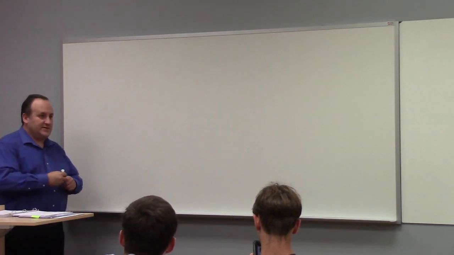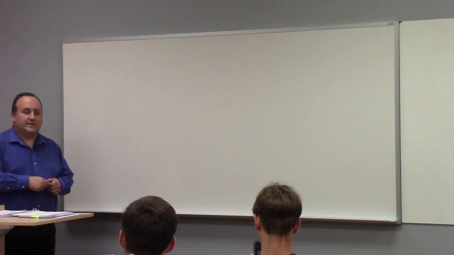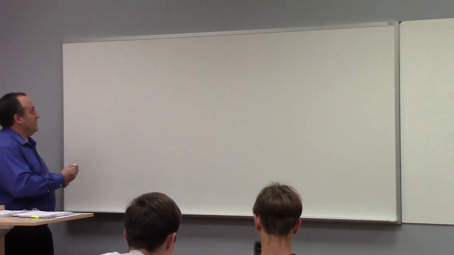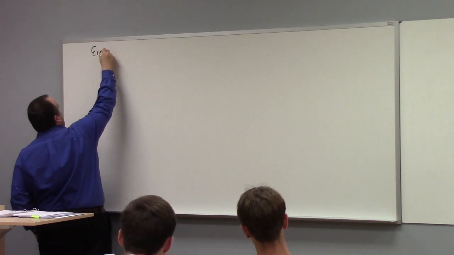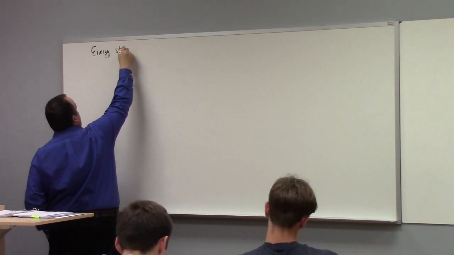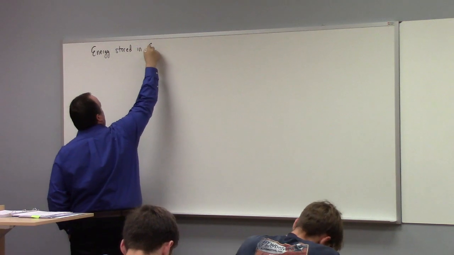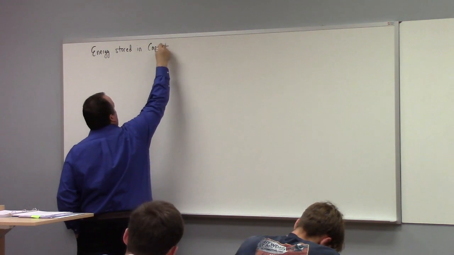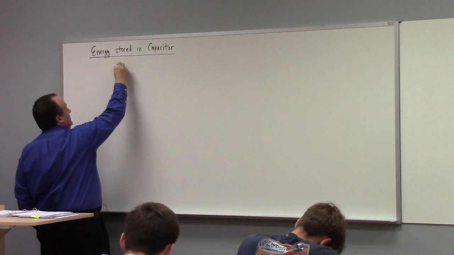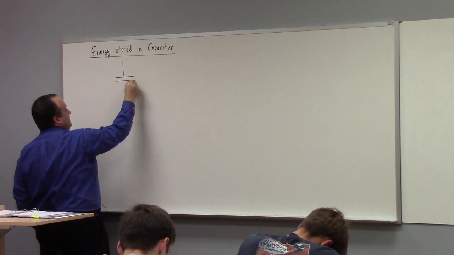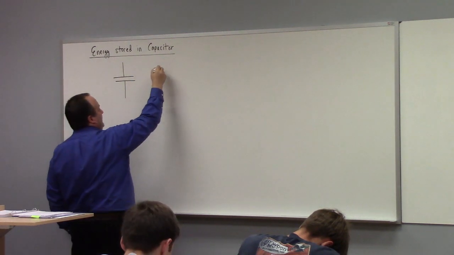So something I keep forgetting to do is to talk about the energy stored in a capacitor. Let's talk about it. All right, so you've got some capacitor, right? And what was the defining equation?